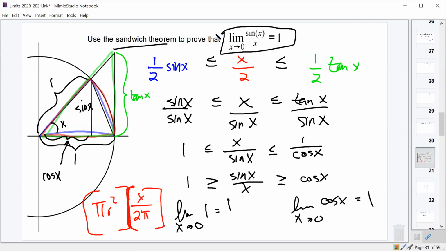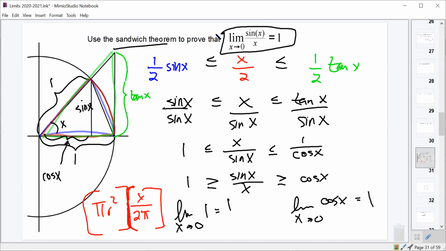Question? During an exam or anything, if you just use the sandwich theorem to prove something, then how do we know what to use, if we're not given the diagram? Right. I'm not going to do that. You don't need to worry about that.